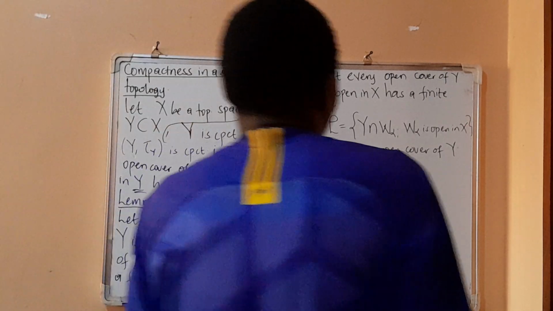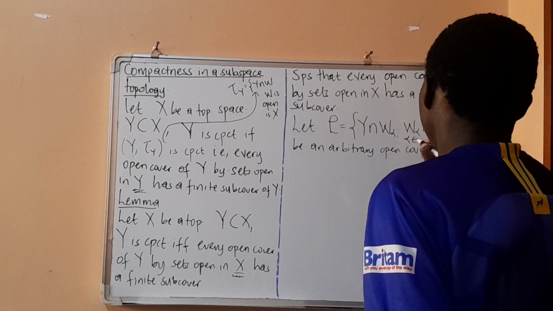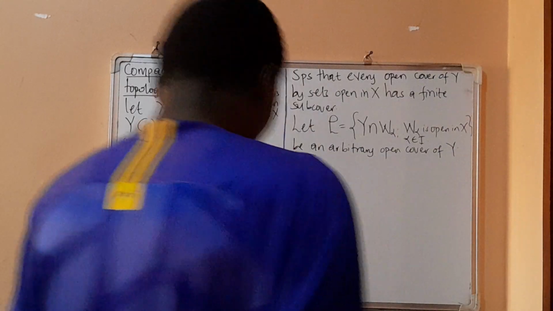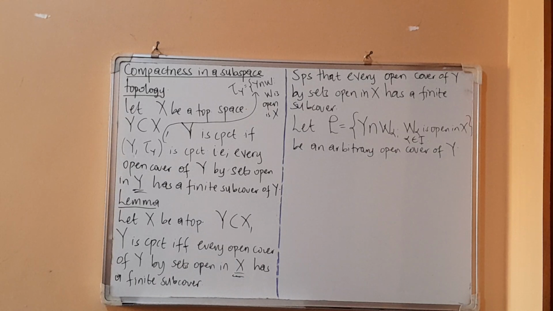This alpha is coming from the indexing set. We show that it has a finite subcover.